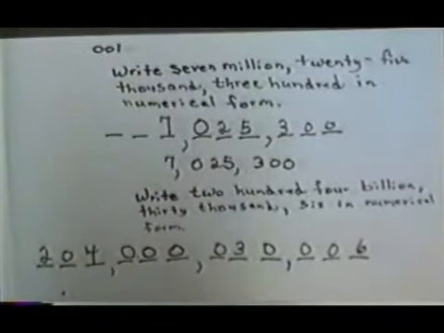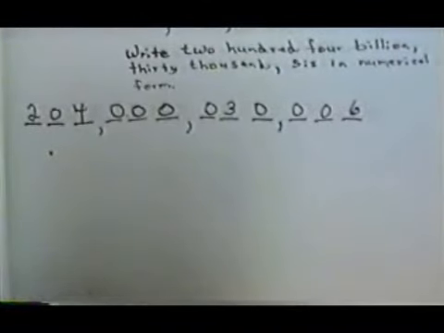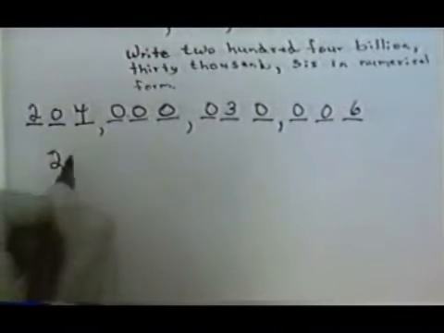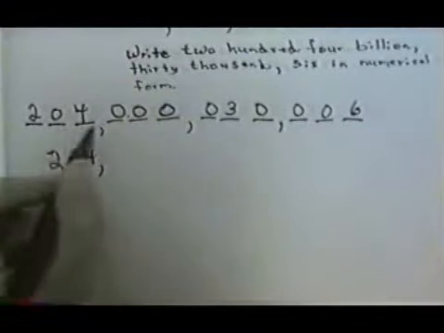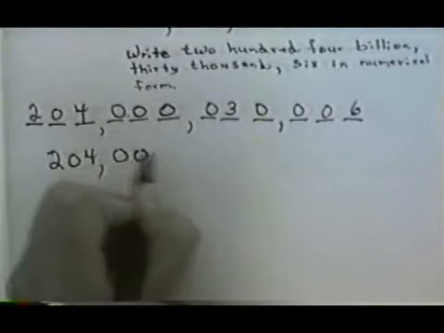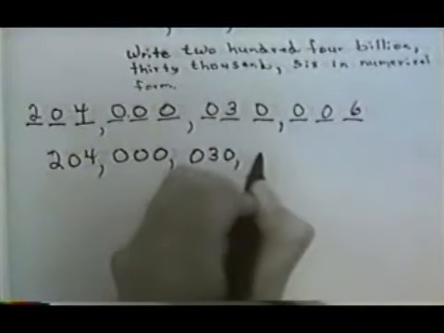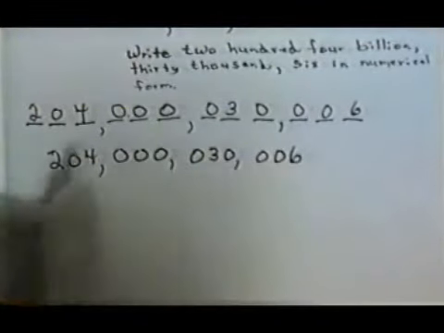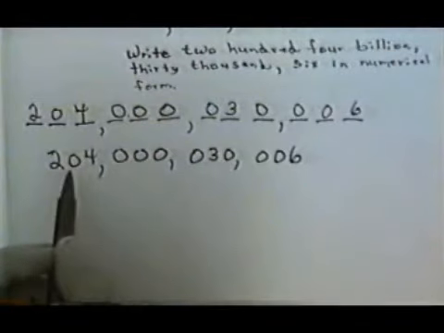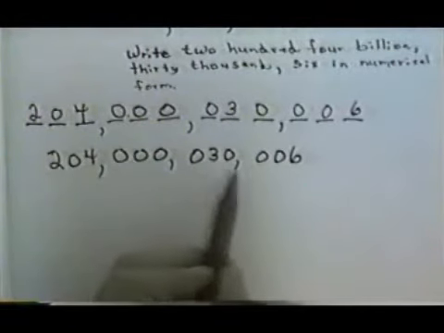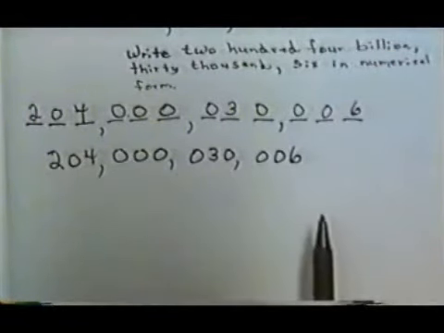So if we write this without the spaces, without the little blanks, you'll see 204 billion 30,006.